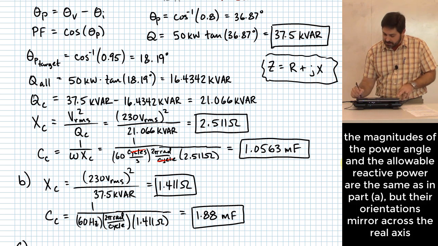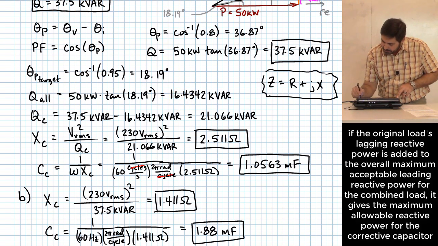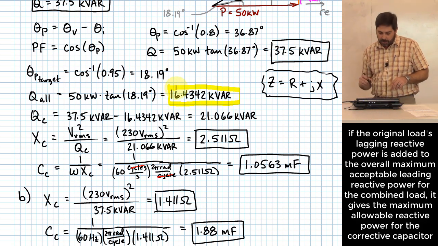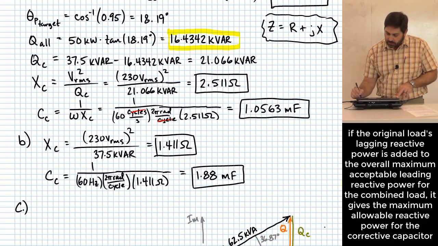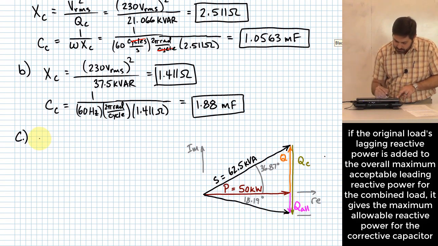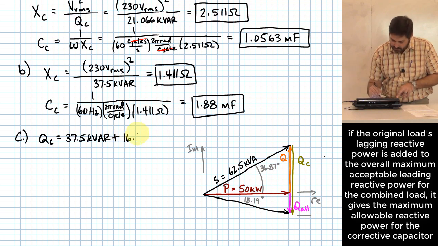That's why I wanted to save that into one of my variables. So this value that I had up here of 16.4342 kVAR, I need to use that again, only this time it points down like this, and that tells me that QC is now equal to 37.5 kVAR plus, not minus, 16.4342 kVAR.